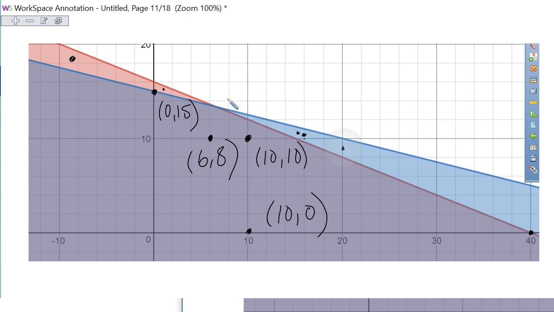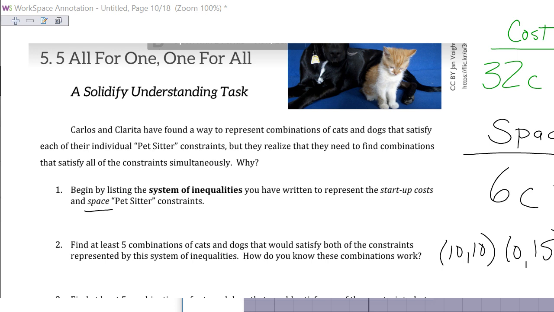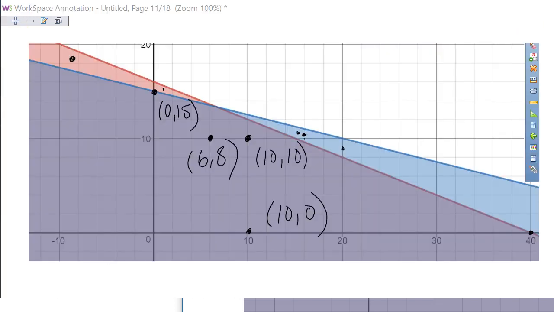Yep. 20, comma 9. 30, comma 8. No, 30, comma 6.